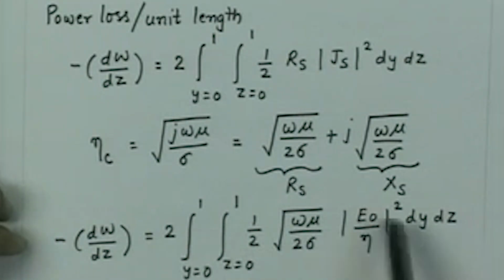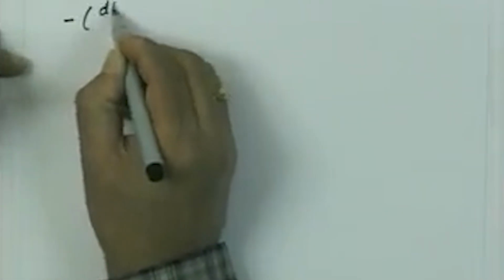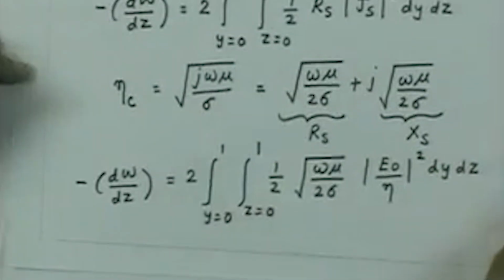Again, all these quantities are constant as a function of y and z. We can take this thing out and we get the power loss, minus dW by dz, that is equal to, this factor of 2 will cancel with that.